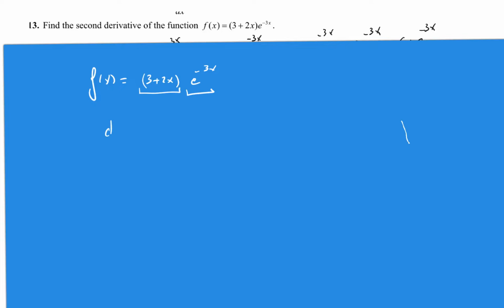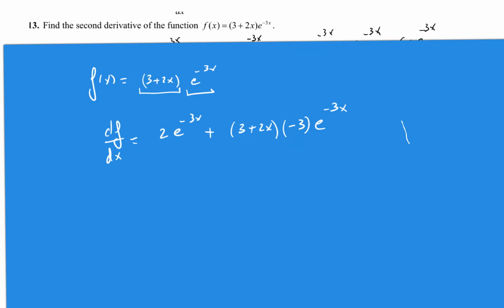So the derivative with respect to x is the derivative of the first, which is 2, times the second, e to the minus 3x, plus the first, 3 plus 2x, times the derivative of the second. The derivative of the second is minus 3 e raised to minus 3x.